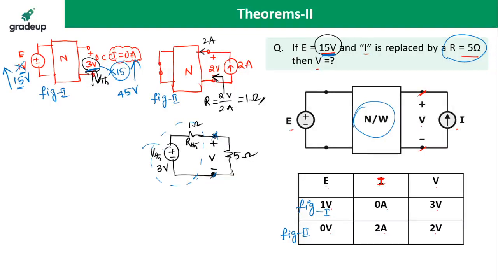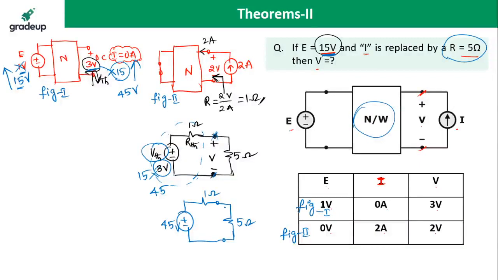Now the V Thevenin is not 3 volts, it is increased by 15 times. You are going to get 45. All right, now you should take 45, sir. Be careful. 45 volts. Are you getting me? If you understood, tell me. If not, I'll explain once again.